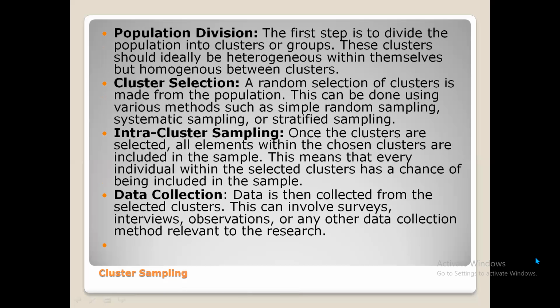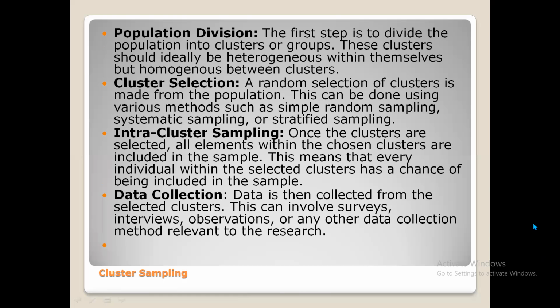Here, first of all, you divide the population into clusters or groups. These clusters should ideally be heterogeneous within themselves, but homogeneous between clusters. Let's say you come to a community, Ubomiri, and you want to use a cluster method. In cluster A, Umabaka, that Umabaka must be made up of male, female, children.